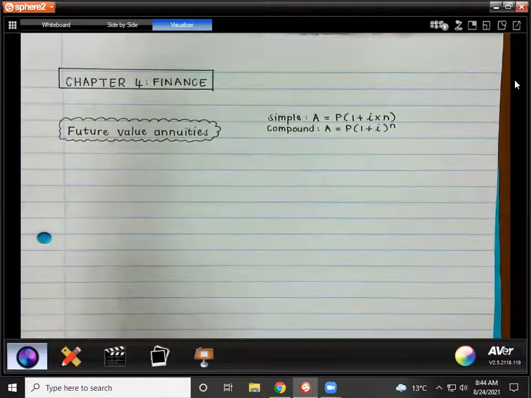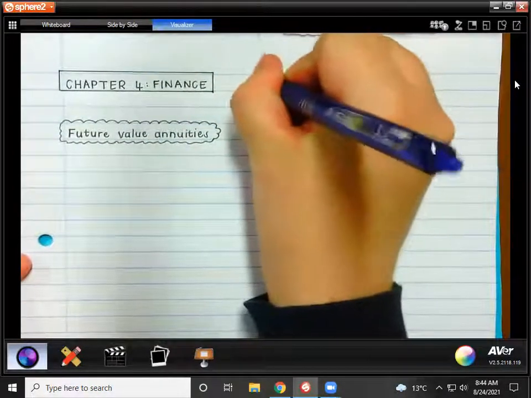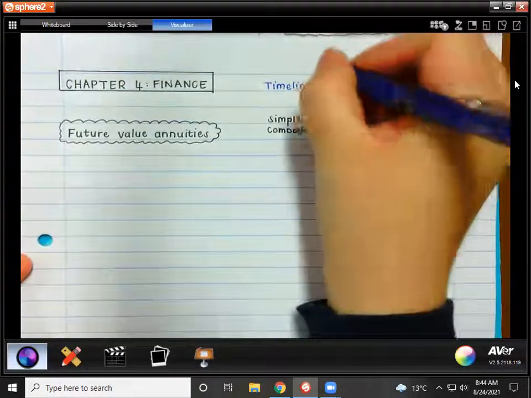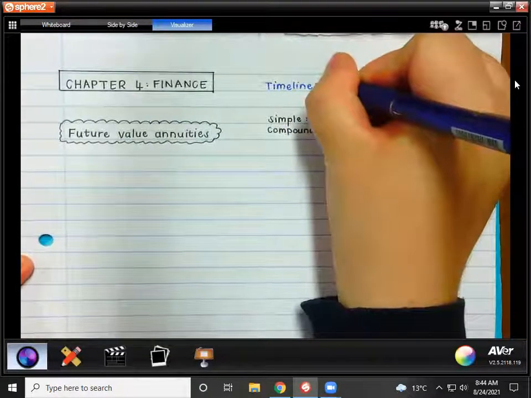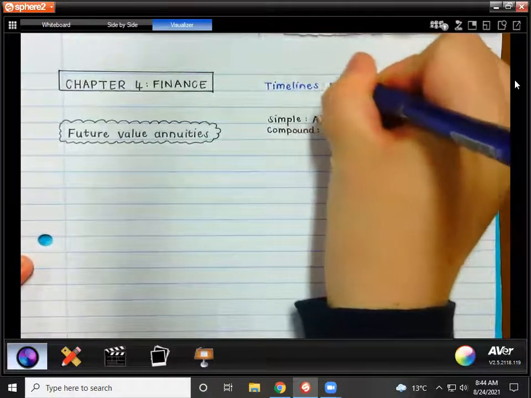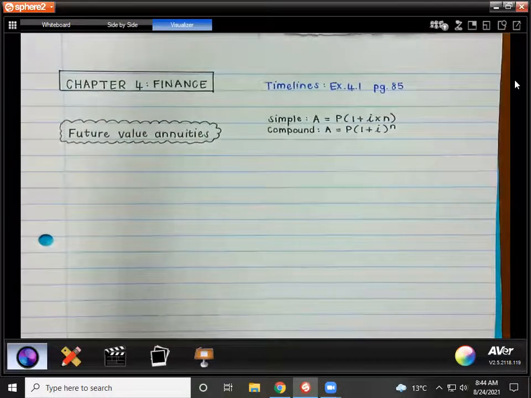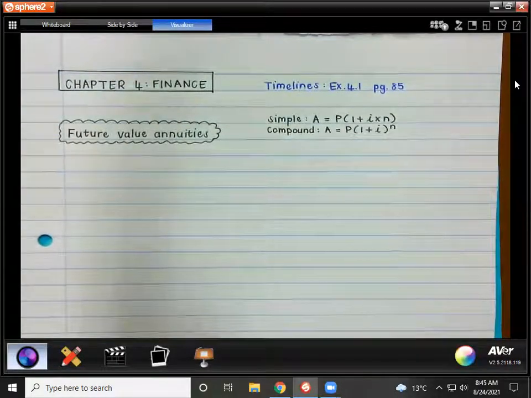If you feel like you need some reminders on what to do with timelines, because the work that we're going to do now is not timeline work, it's exercise 4.1 on page 85, and I have the answers in the teacher's guide if you want to take pictures of it. But I think you're fine with it because you wrote on timelines in your last exam as well. But just in case, there is some extra practicing.